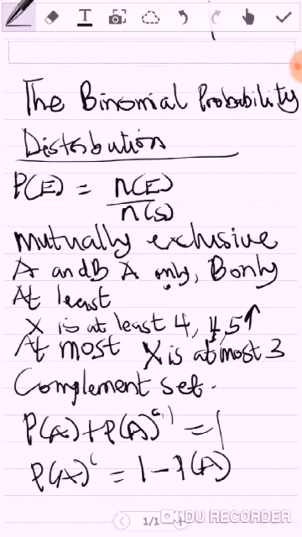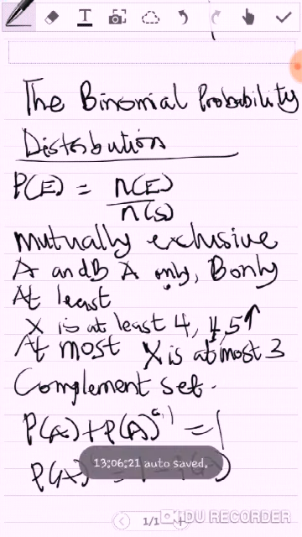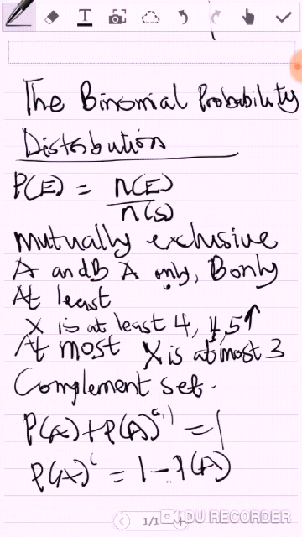Then at most: S is at most 3 means the highest is 3, so it starts from the lowest to 3. Then the complement sets: P of A plus P of A complement is equal to 1, so P of A complement is 1 minus P of A.